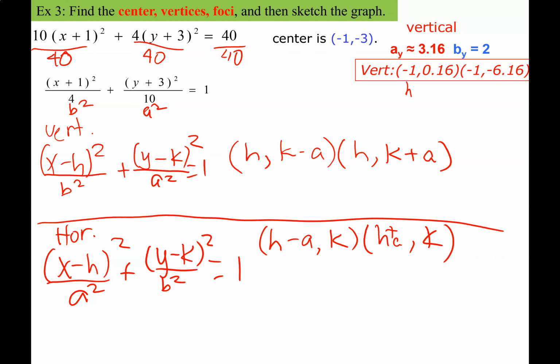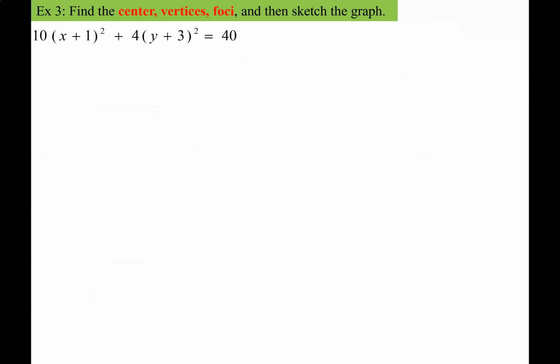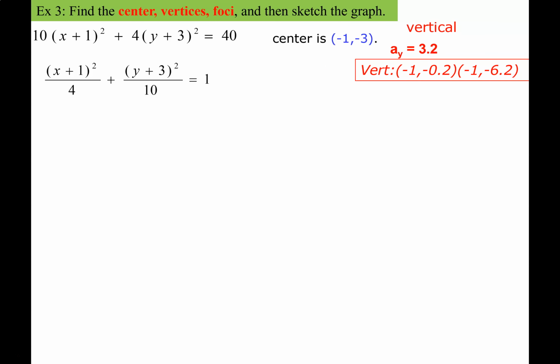All right, let's go ahead and find the foci now. Okay, so again, with the foci, you're still using the same equation, c squared equals a squared minus b squared, so it'll be 10 minus 4, which would be 6.